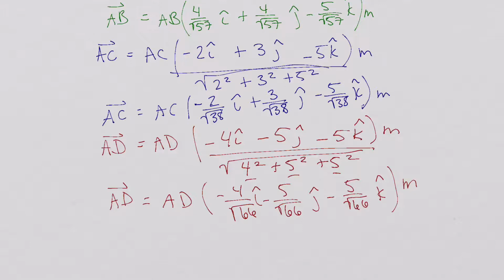And then we know we're doing static equilibrium. So for static equilibrium, we have the sum of the forces equals mass times acceleration. It's static equilibrium, so that mass times acceleration is 0. So we can do the sum of the forces in the x direction equals 0, sum of the forces in the y direction equals 0, and sum of the forces in the z direction equals 0.